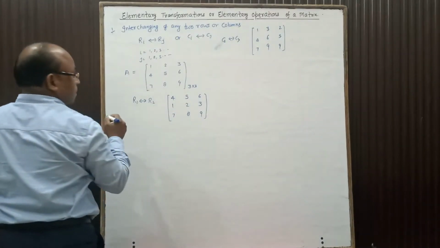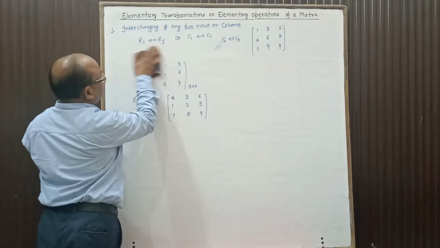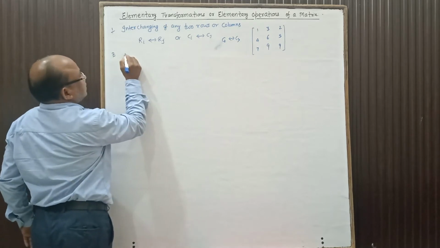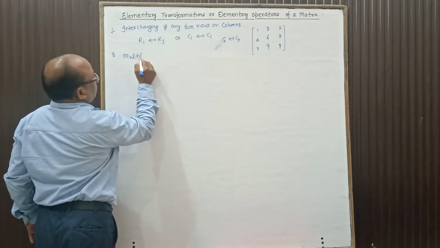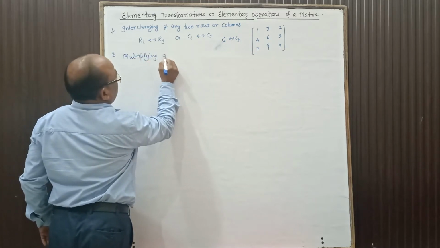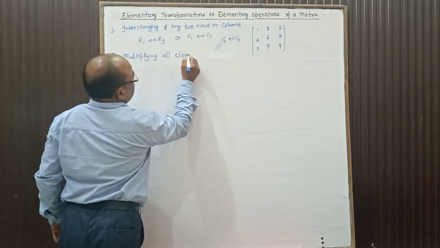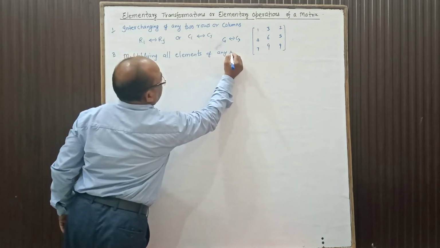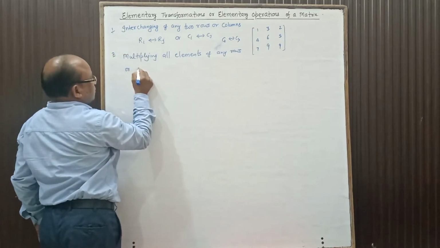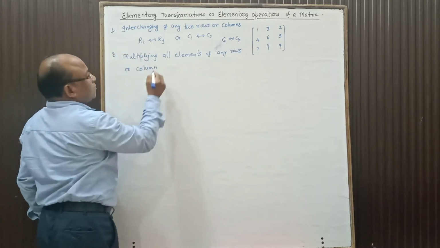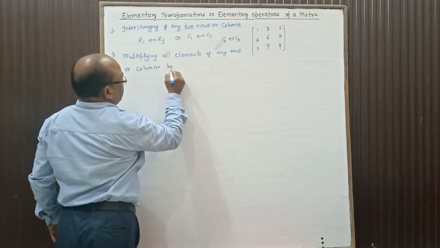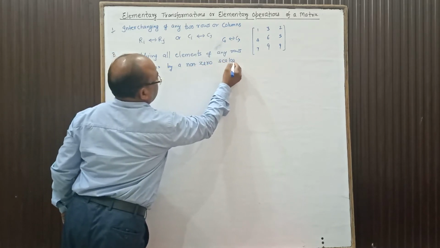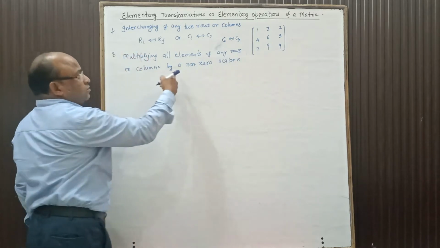Now the second operation is multiplying all elements of any row or column by a non-zero scalar k, where k is non-zero.